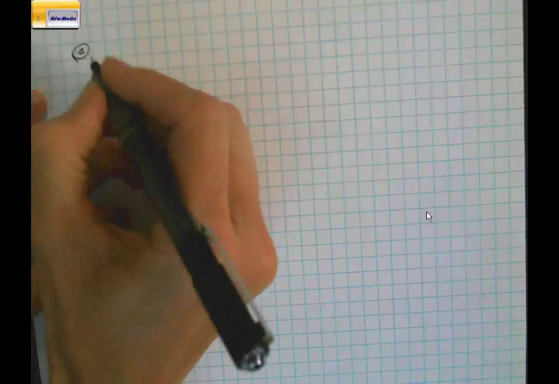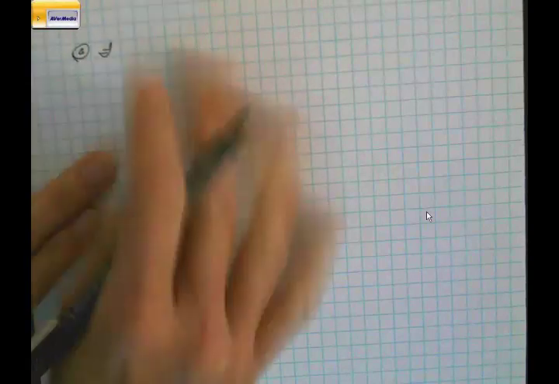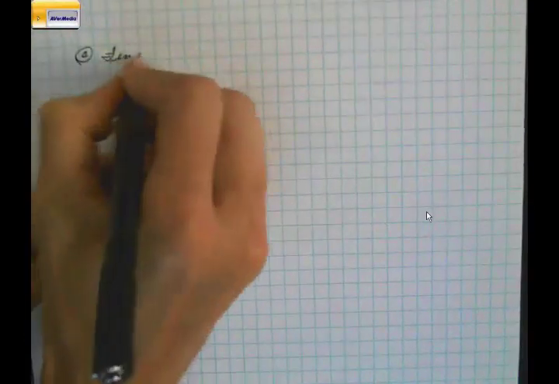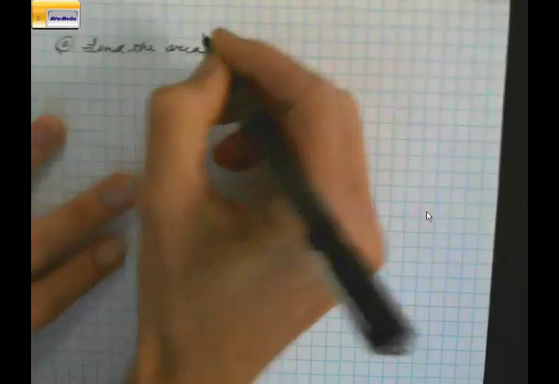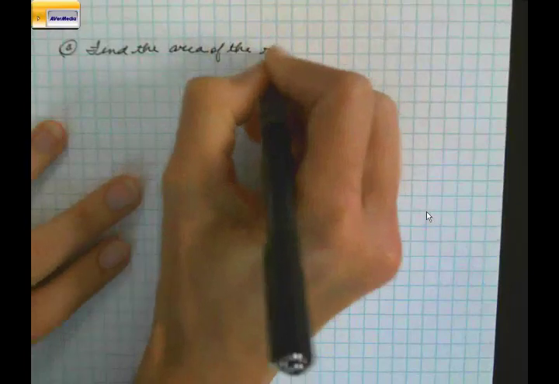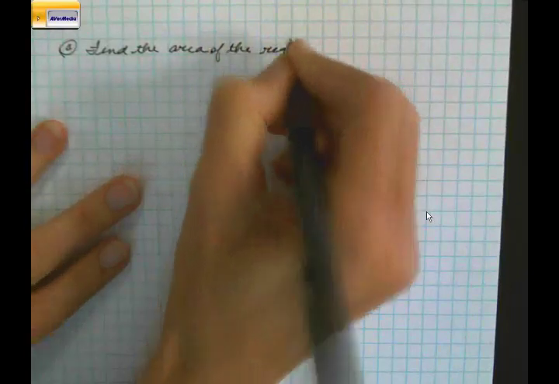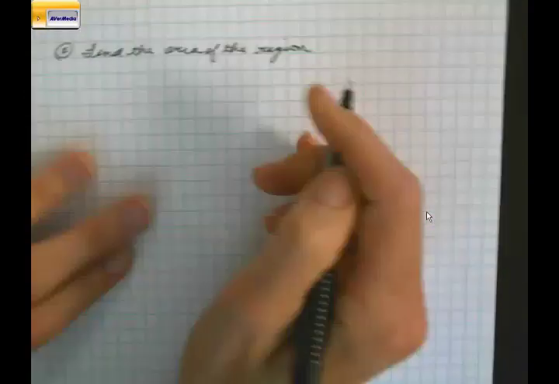Here's another one. Find the area of the region. Now remember, if it's area, you better figure out where it's negative and where it's positive.